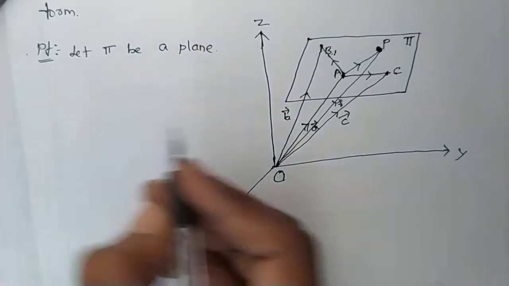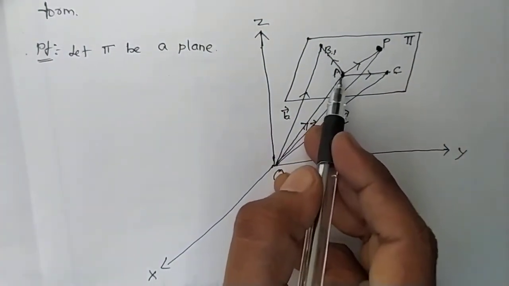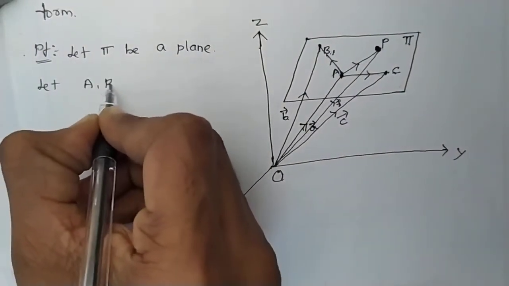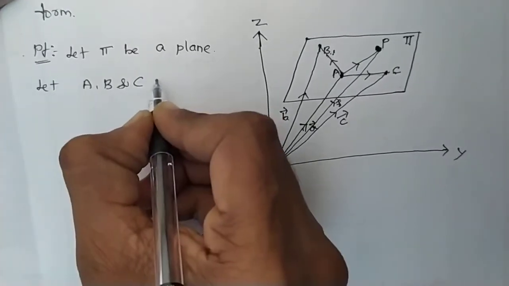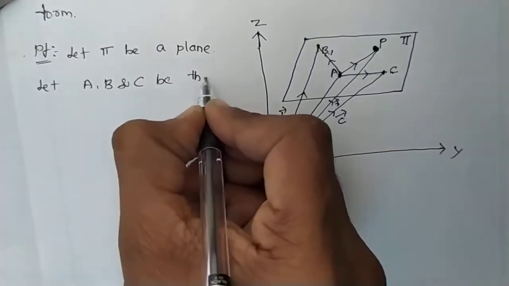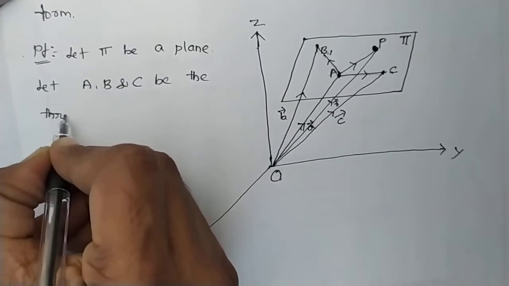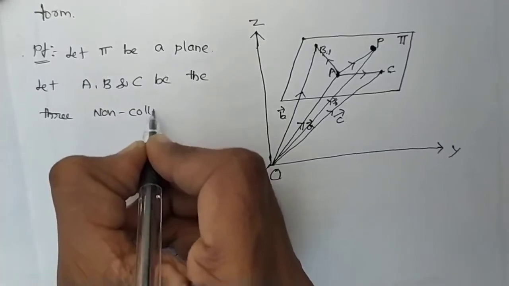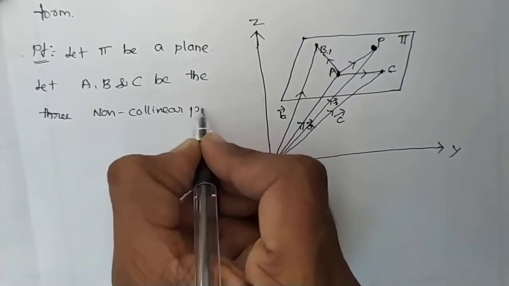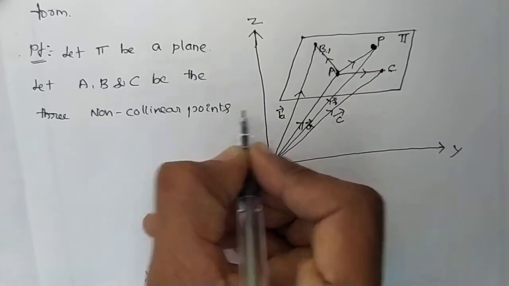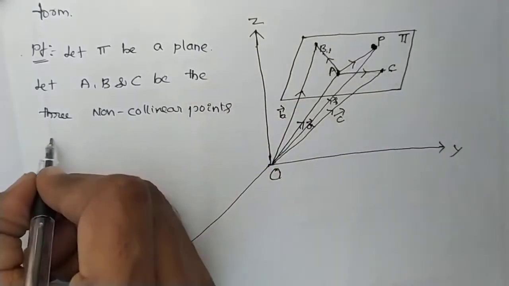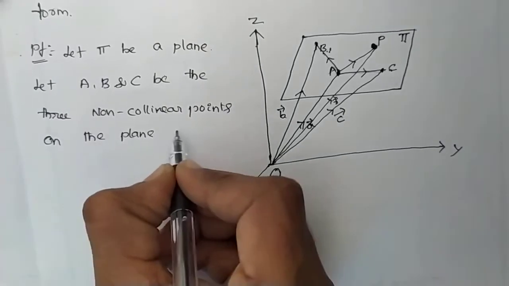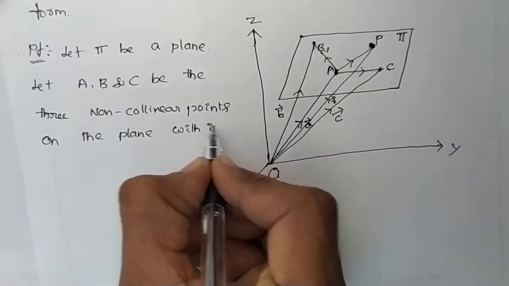Next, here we have the three non-collinear points A, B and C. Let A, B and C be the three non-collinear points on the plane, with their position vectors.